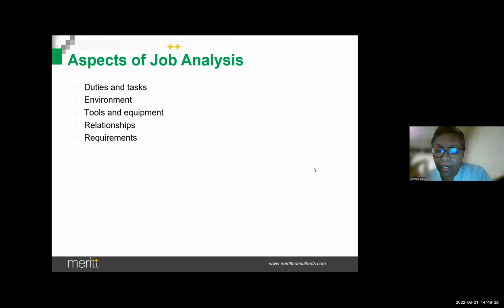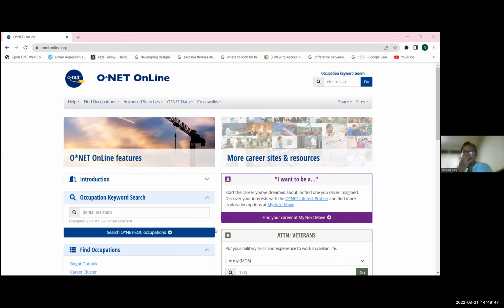A very quick method of doing job descriptions is to use the O*NET method. I don't know how many of you are very familiar with O*NET. Some of you are familiar with it.